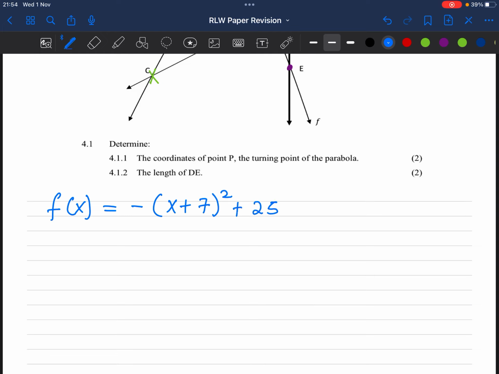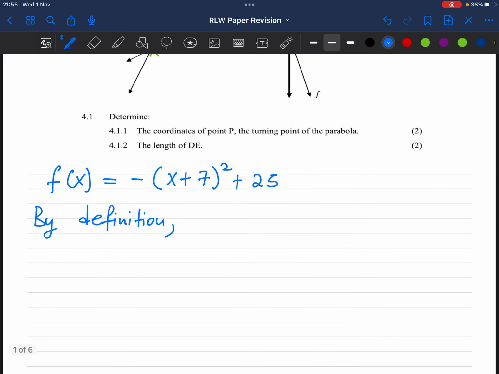Okay, so our solution goes like this. We're gonna say by definition, we know that the turning point of graph f is the same as saying negative p is to q.